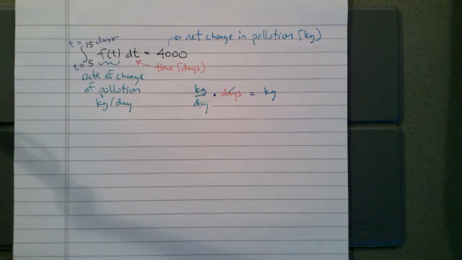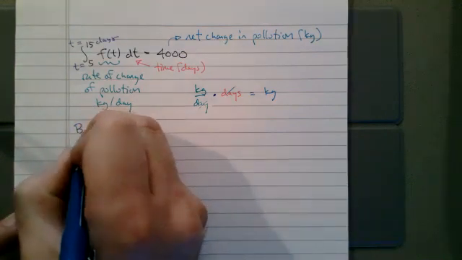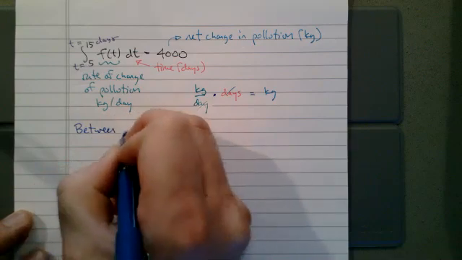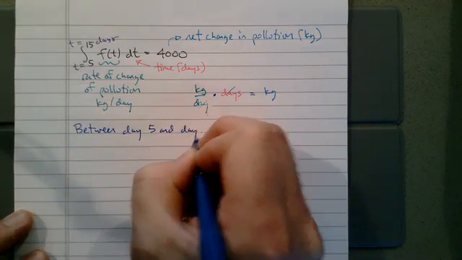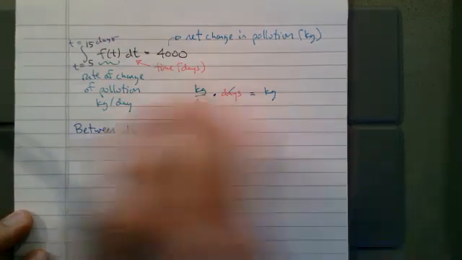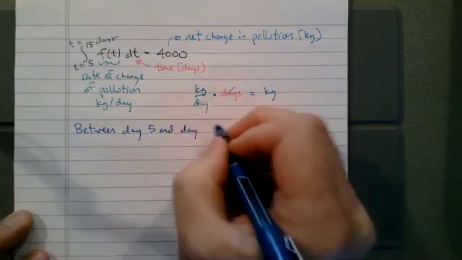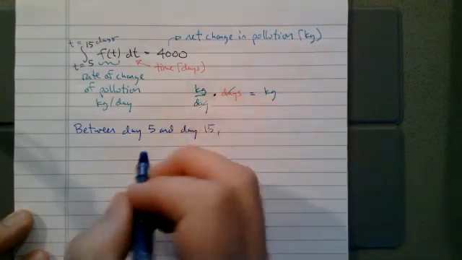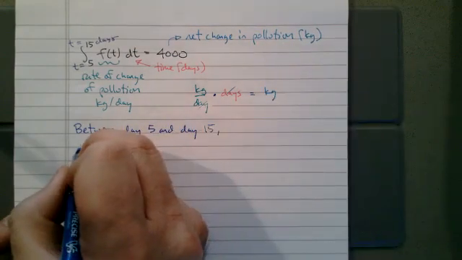Since the definite integral is going from 5 to 15, we're saying between day 5 and day 15, 4,000 kilograms of pollution have been removed from the lake.